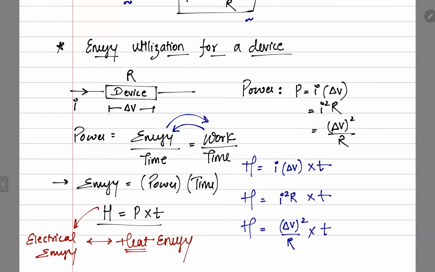So I can also say that work is equivalent to energy. In fact, doing work increases energy. Is that okay? Beautiful. Shall we move ahead?